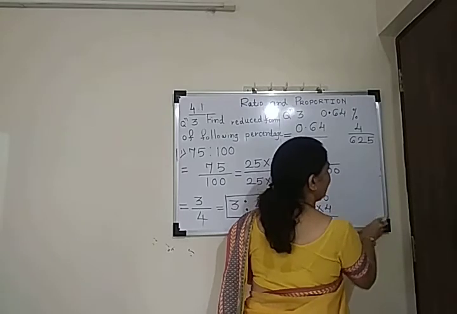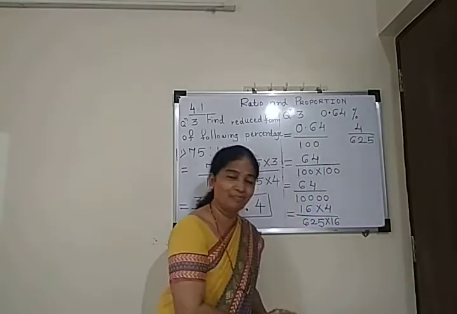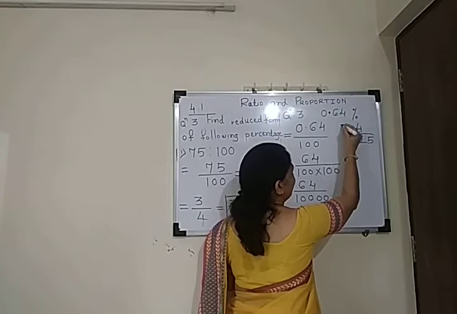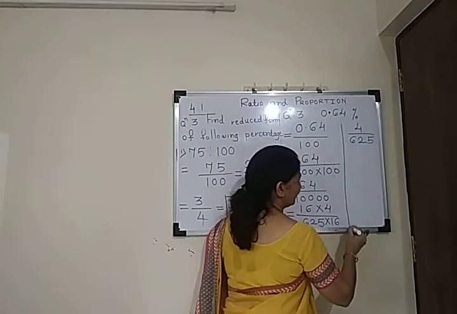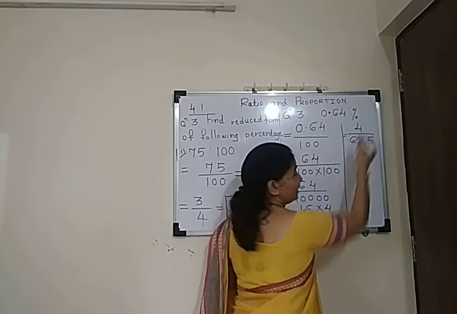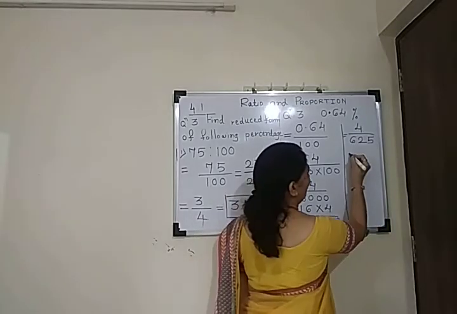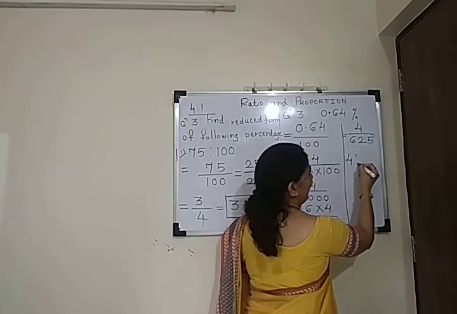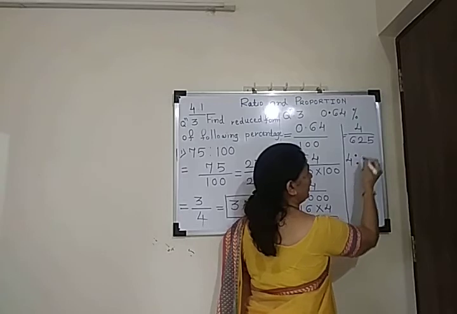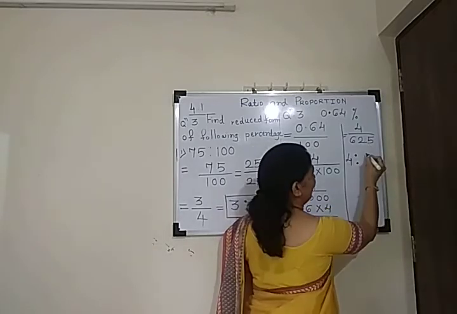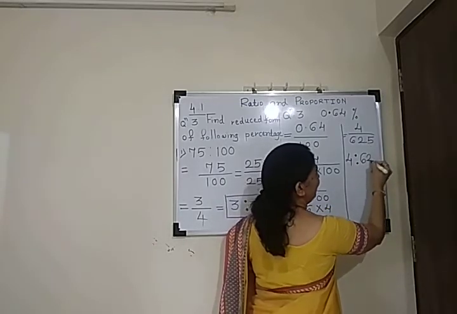How can we write it in the ratio form? We can write it in this way: this numerator 4, this sign, and denominator 625.